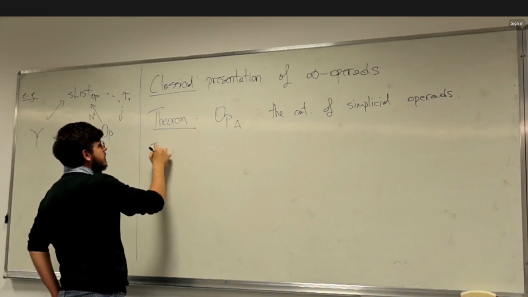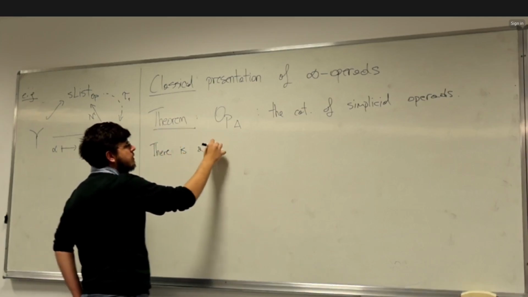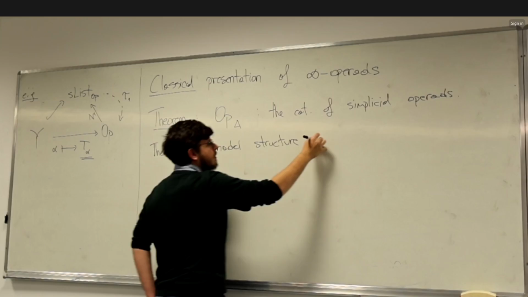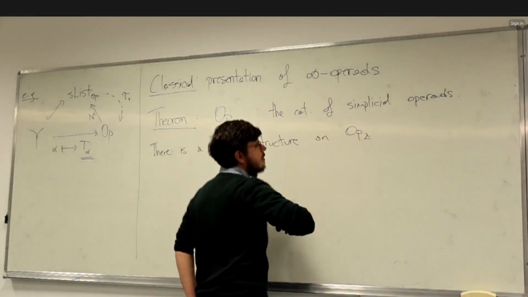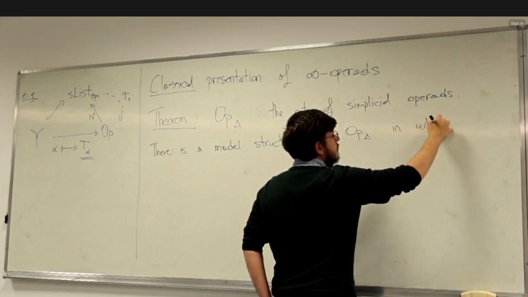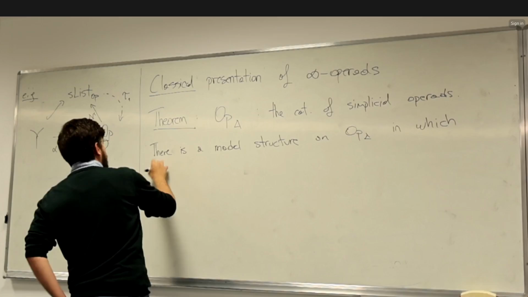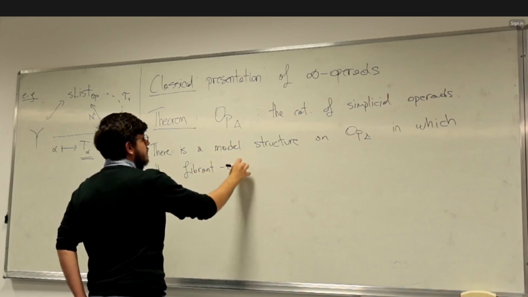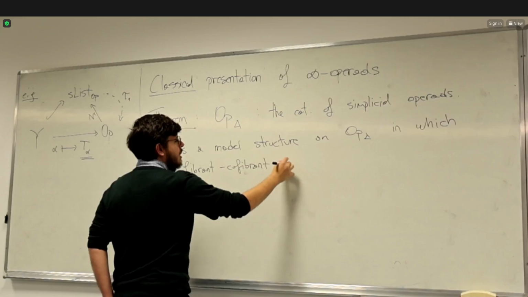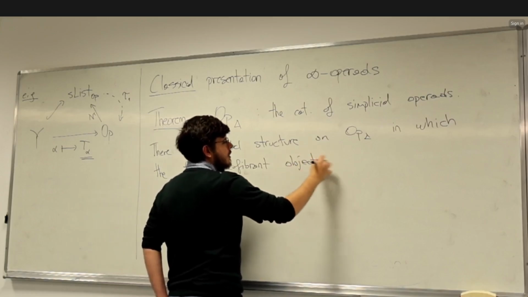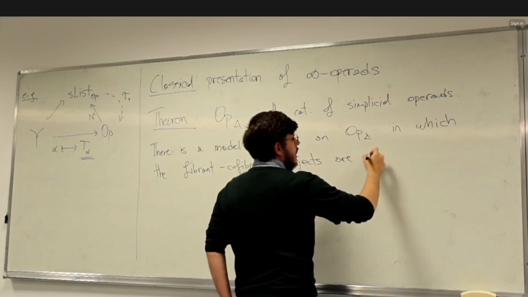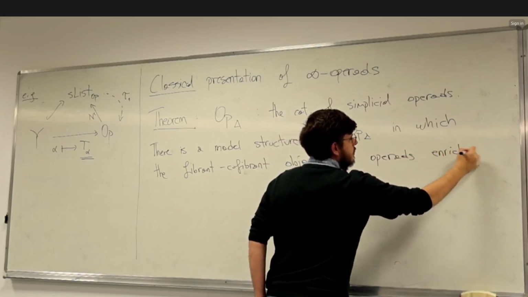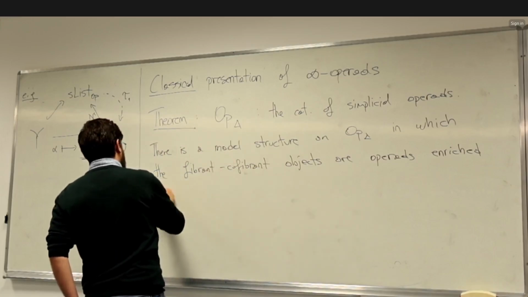So there is a model structure on simplicial operads in which the fibrant cofibrant objects are operads enriched in Kan complexes.